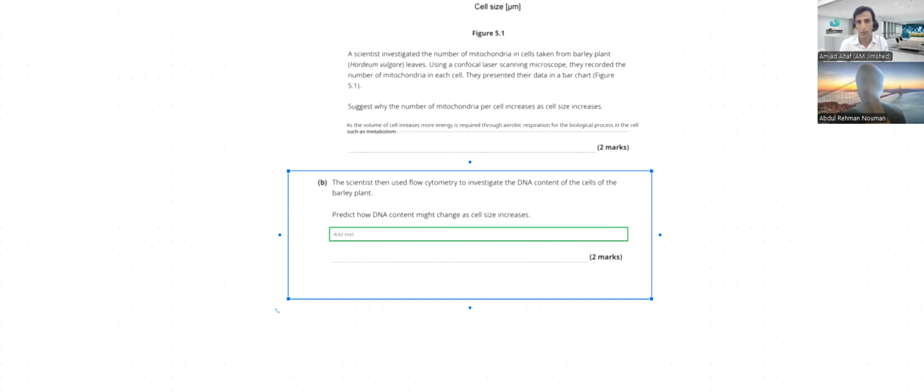The scientists then used flow cytometry to investigate the DNA content of the cells of the barley plant, predict how DNA content might change as the cell size increases. This should be in your point. And we know when the DNA content increases in any of the cells.